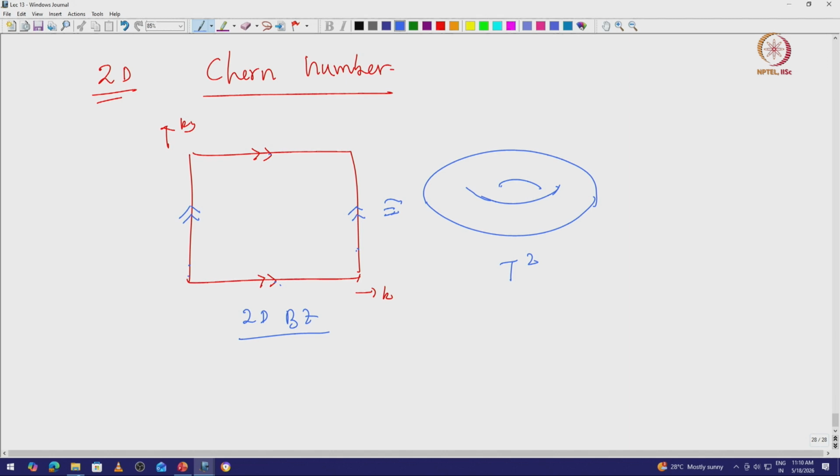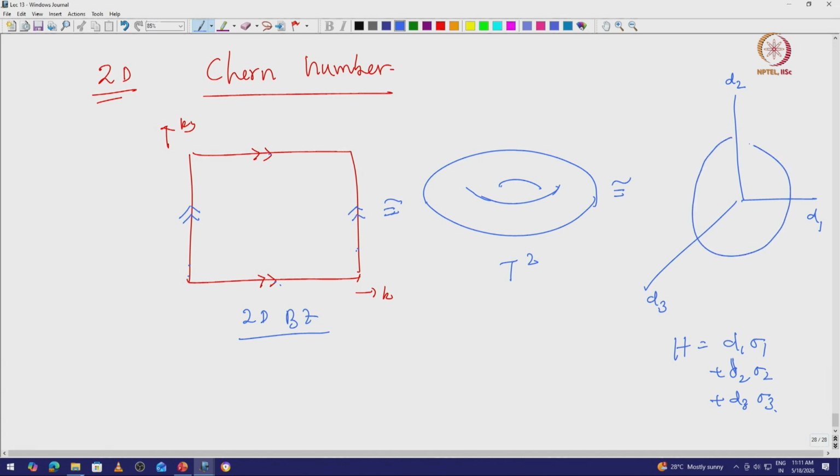And now we want a parameter space of the Hamiltonian in terms of 3 of them, and we will get a sphere which is S2.